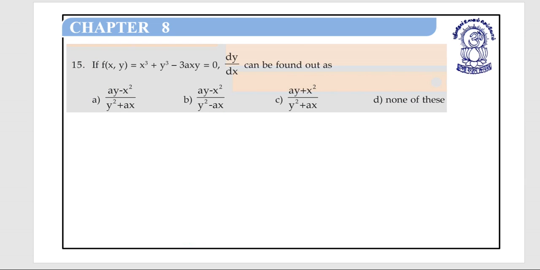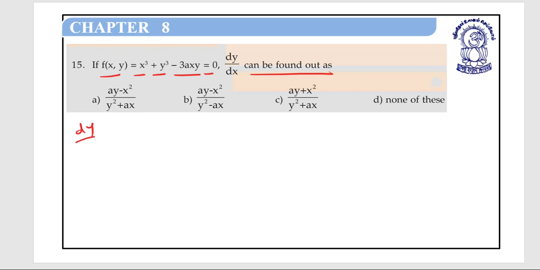Next question, question number 15. If f of xy is equal to x cube plus y cube minus 3axy is equal to 0, dy by dx can be found out as?